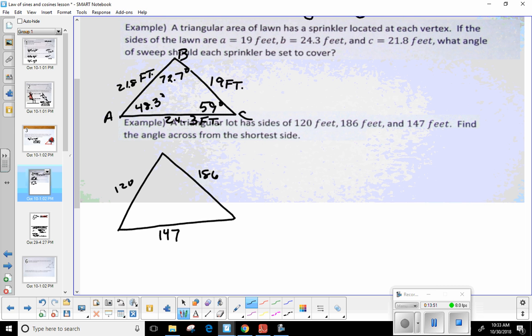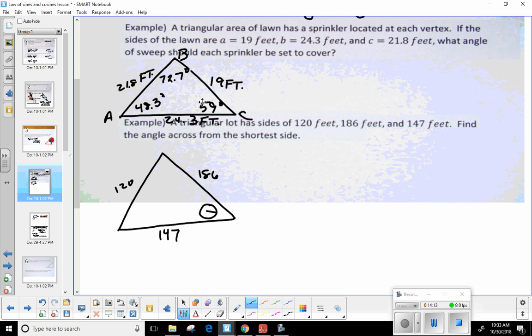It would have to be opposite the shortest side. So 120 being the shortest, I'm going to go with this guy right here. Okay. Now, just as an FYI, if I were asked to go ahead and solve this triangle for everything that's missing, all three angle measures, I would absolutely not start with this angle.